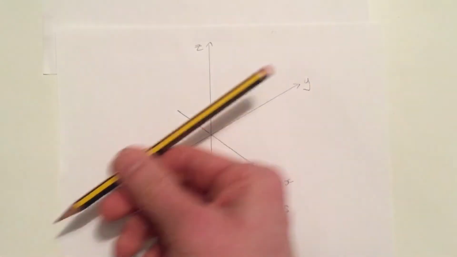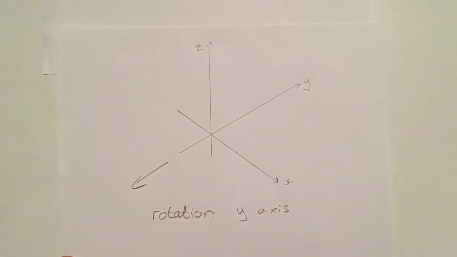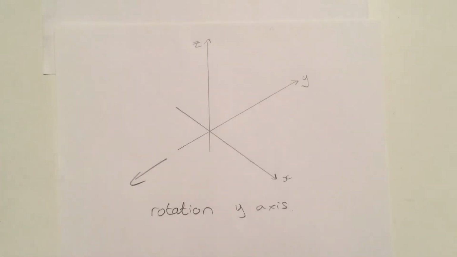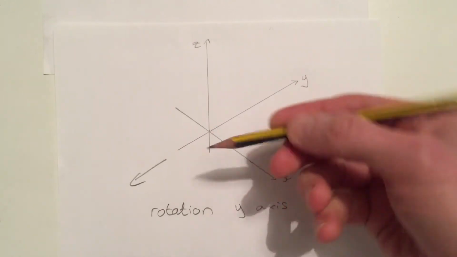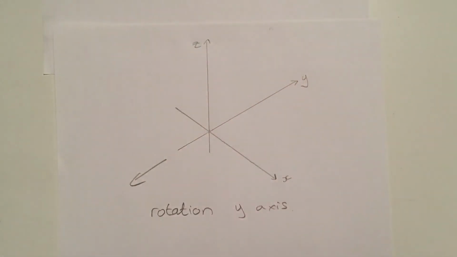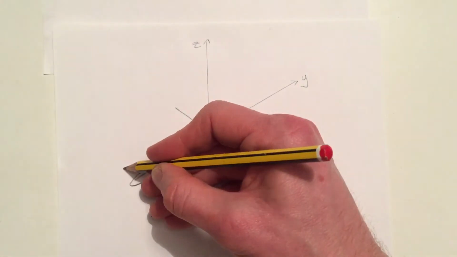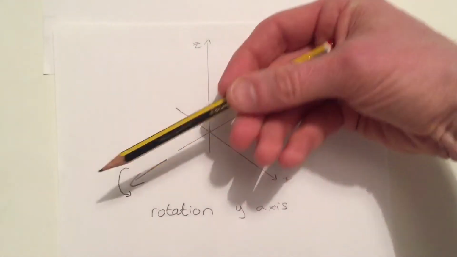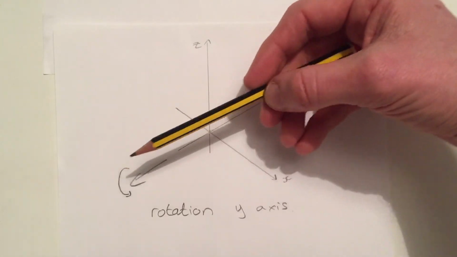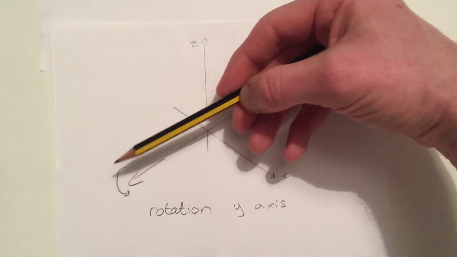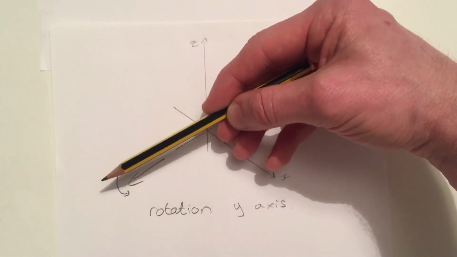So the negative y direction will be this way. If you imagine you're stood here and you're facing this way, an anti-clockwise turn would be turning like that. So stood facing this way, it would be rotating like that.